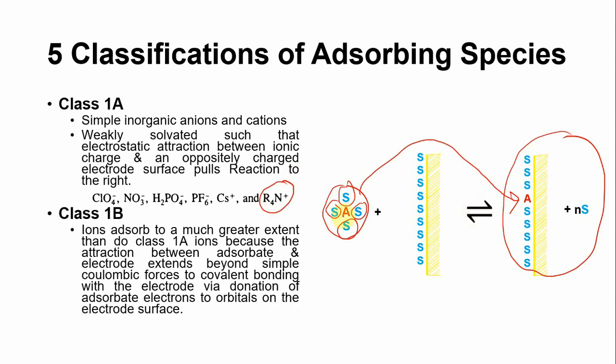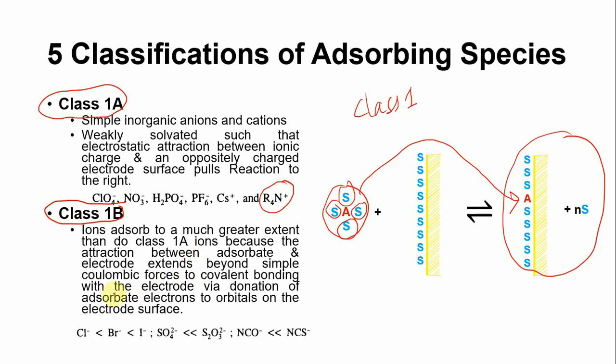Now we have another class, 1B, that is the ions which adsorb to a much greater extent than class 1A ions, because the attraction between adsorbate and electrode extends beyond simple Coulombic force to covalent bonding with the electrode, by the donation of adsorbate electrons to the orbitals on the electrode surface, and therefore bonding is happening. Both class 1A and class 1B constitute the class 1 compounds.